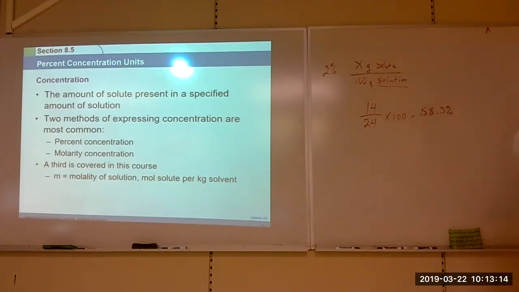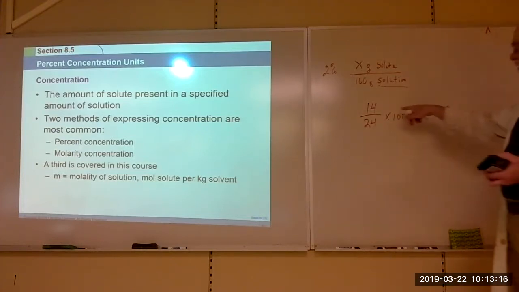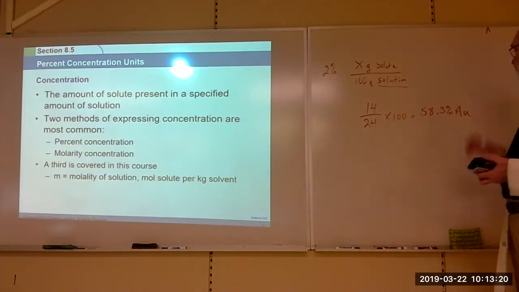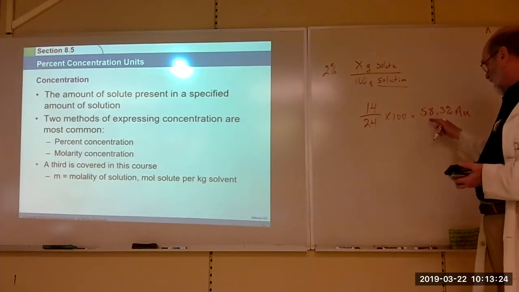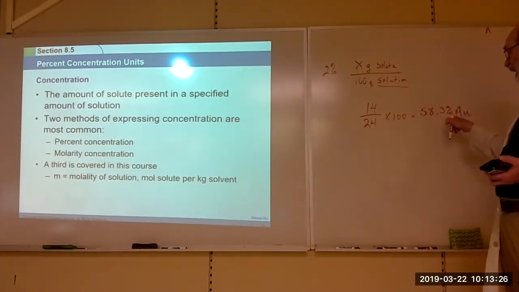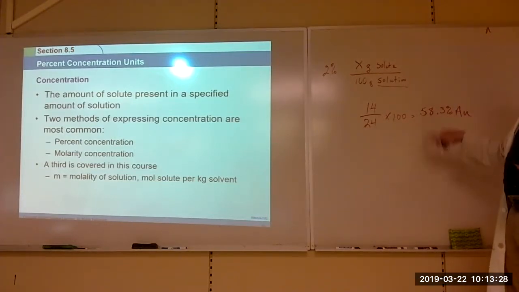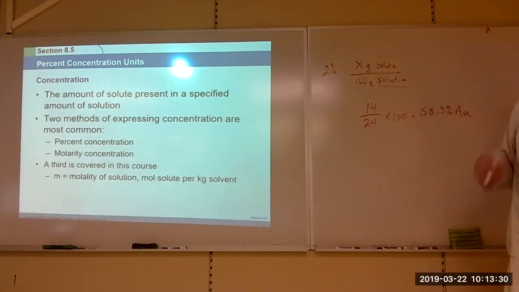Right? So this wedding band is 58.3% gold. Okay, that means it has 58.3 grams of gold per 100 grams of ring.